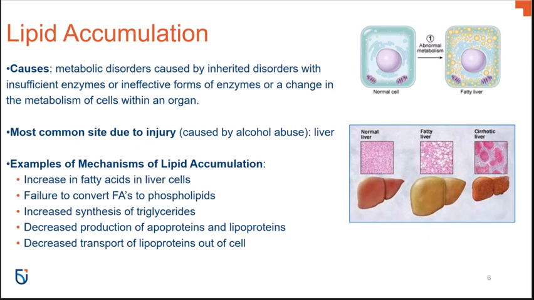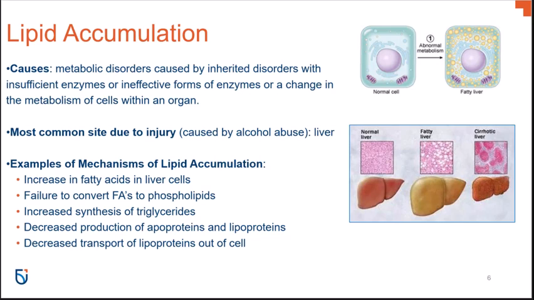Now, although lipid accumulation can occur in many different areas of the body, heart, muscle, kidney cells, and so on and so forth, the most common site of intracellular lipid accumulation, or what we can say fatty change, is in liver cells, the hepatocytes. And I mentioned a couple of times already that this is called steatosis.